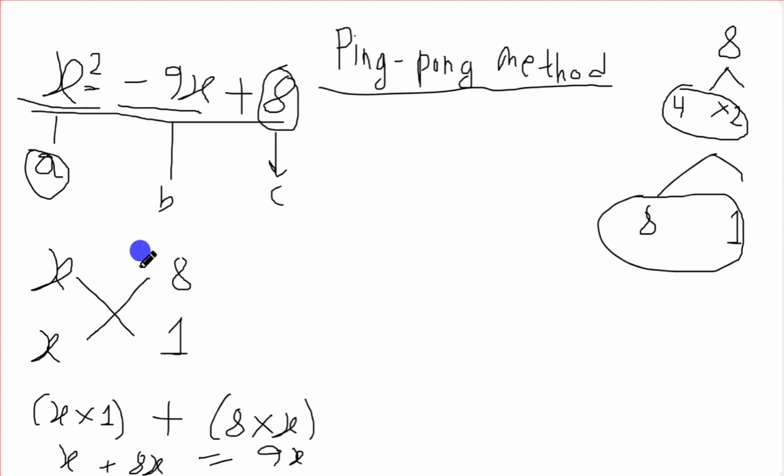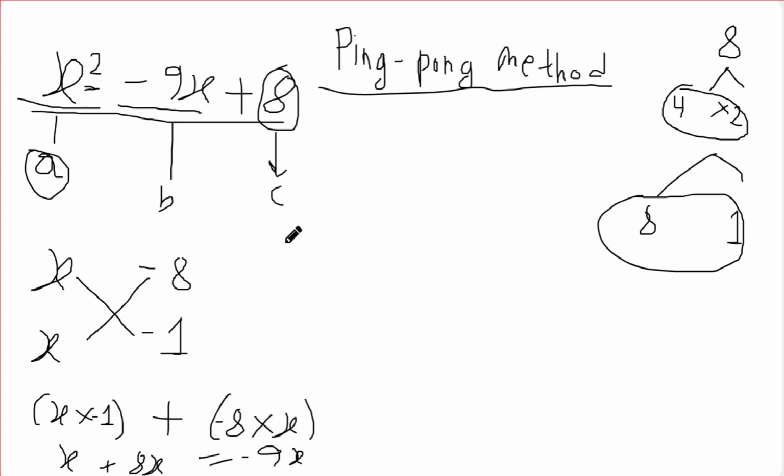So what we need to do is write minus on both of the factors that we got. So I wrote minus 8 and minus 1. Why? Because then we will get the value of minus 9x. Am I right? So that just means that this is correct, and now we can write the final answer.